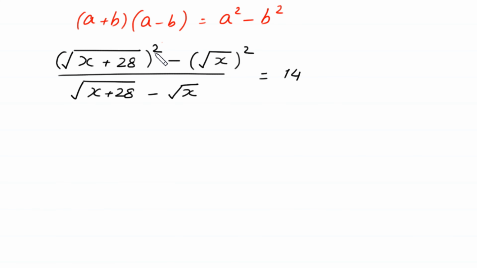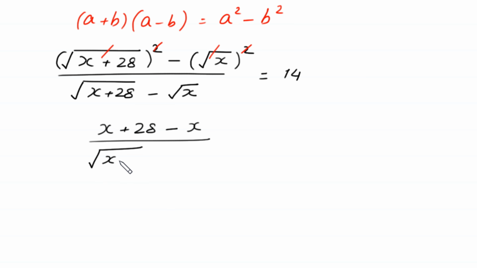Now this square will be cancelled out with this square root, and this square will be cancelled out with this square root, and in the numerator is left x plus 28 minus x divided by this expression square root of x plus 28 minus square root of x is equal to 14.